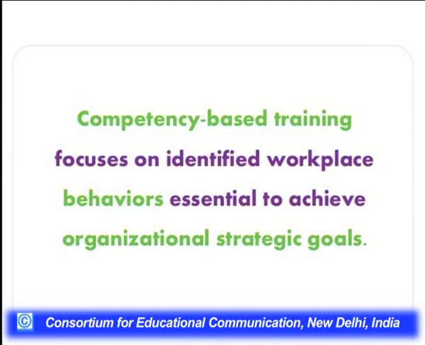Since we are living in a very competitive world, you have to be very specific about the particular objectives which are vital and significant for the organization, and accordingly give competency-based training to your employees so that you are able to achieve the organizational goals very quickly and very efficiently.